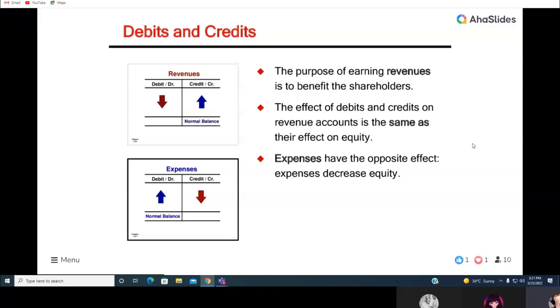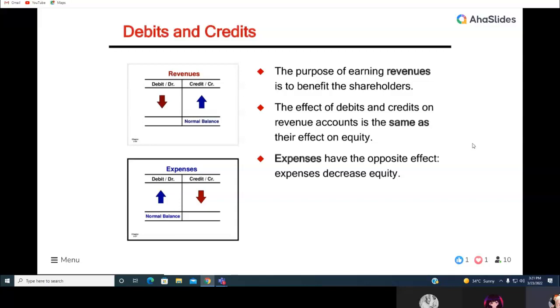Now, expenses decrease shareholders' equity. And therefore, expenses are going to be recorded on the left side because the shareholders' equity decreases on the left side. So expenses, we record all the expenses on the debit side. Why?